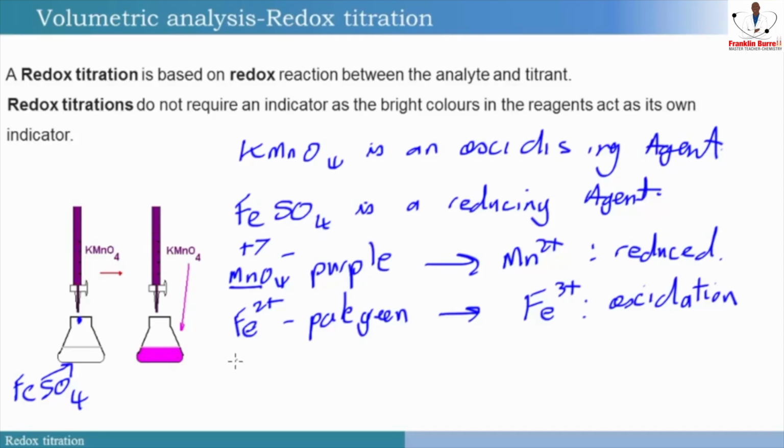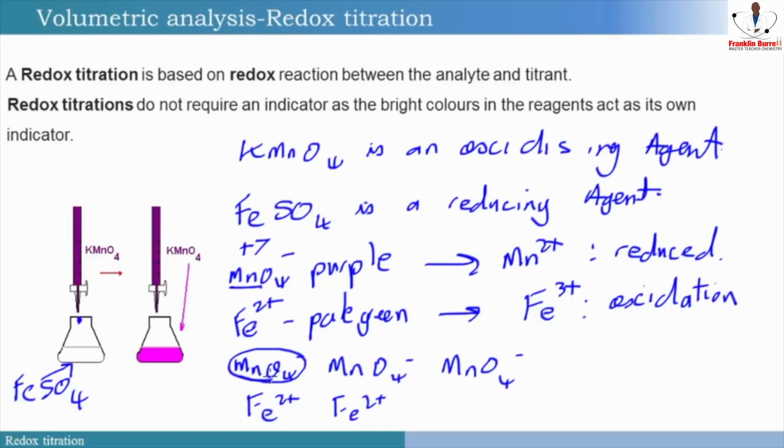So again, if I have MnO4 minus here, and here I have Fe2 plus, every drop of MnO4 minus into Fe2 plus will cause a redox reaction to occur.